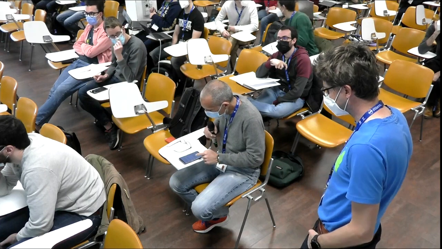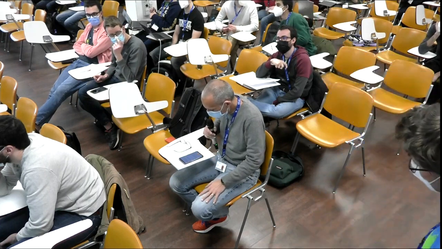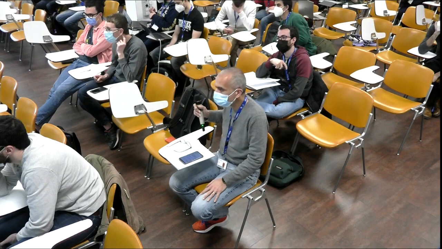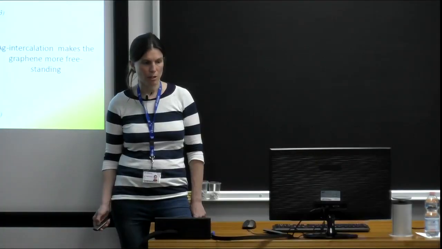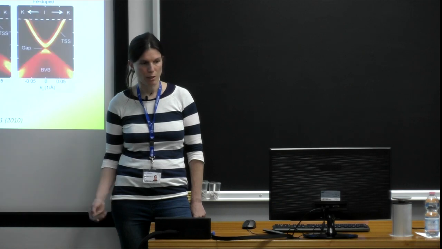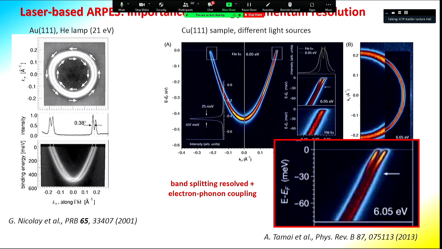Can we detect electron-phonon coupling by ARPES? Yes, basically we can. I'm not an expert on that because our beamline is not of very high resolution. We do a bit of everything. I know that electron-phonon coupling, for example, can be nicely seen even in the copper 111 surface state when you use laser-based ARPES.